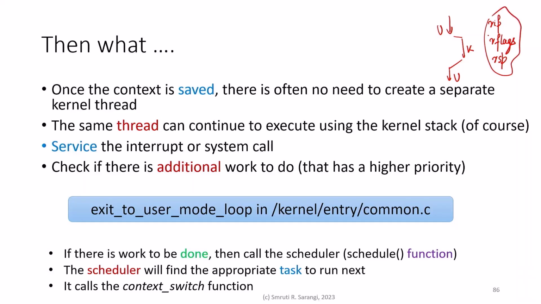What we have seen is that the hardware in a user to kernel switch automatically puts them in a set of known registers because a system call is a planned activity. In the case of an interrupt, which is an unplanned activity, the hardware puts them on the stack, which later on has to be retrieved.